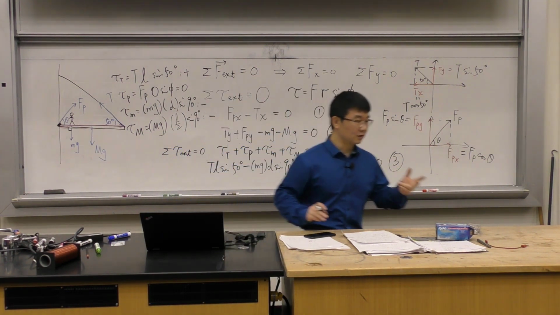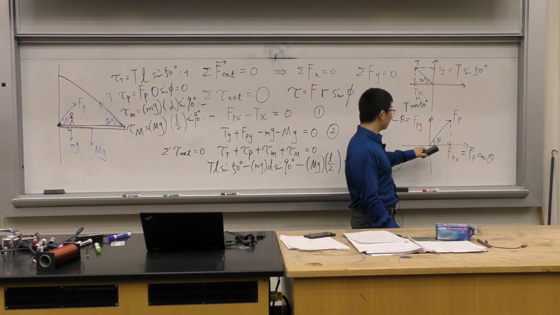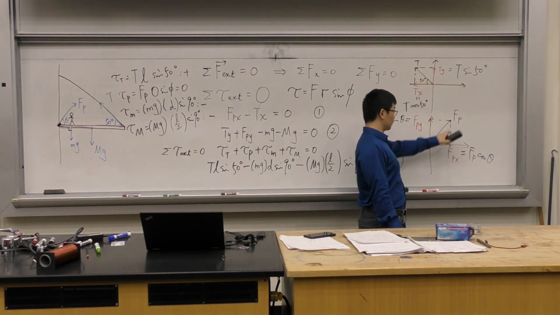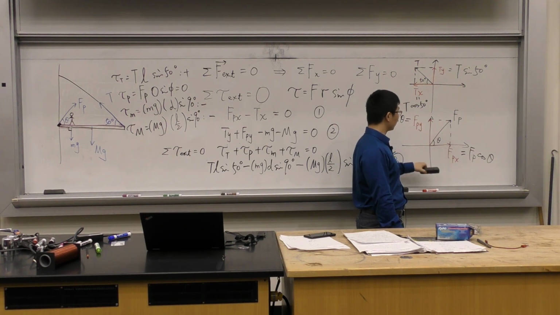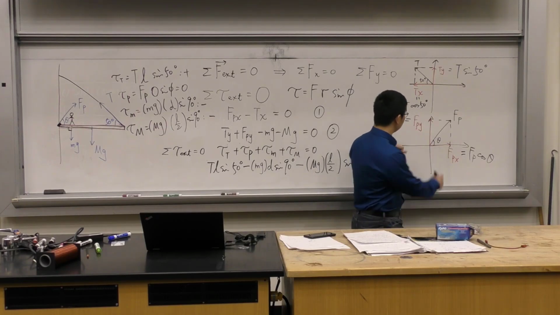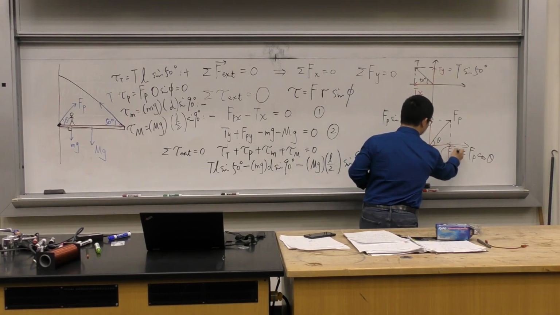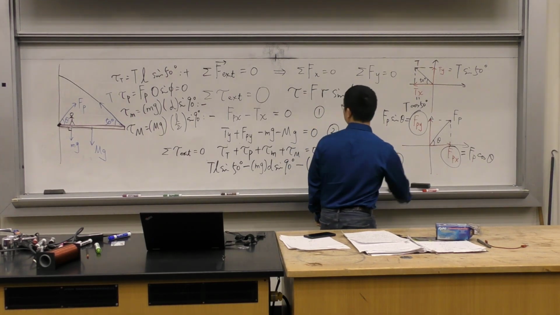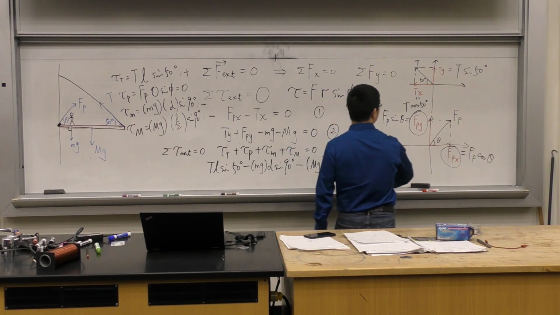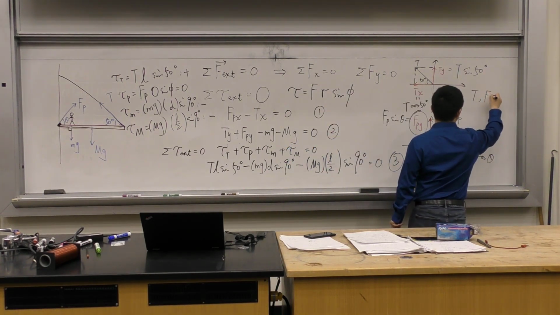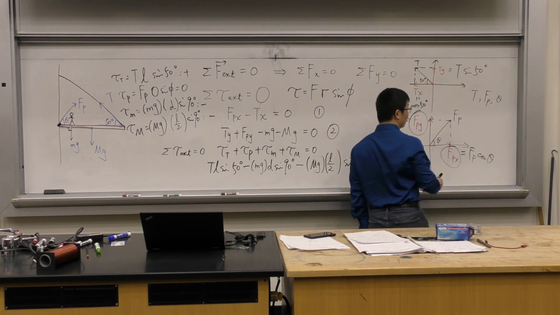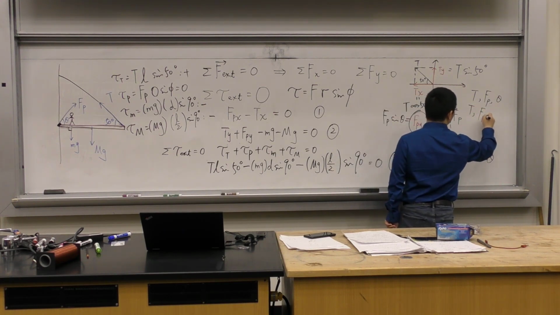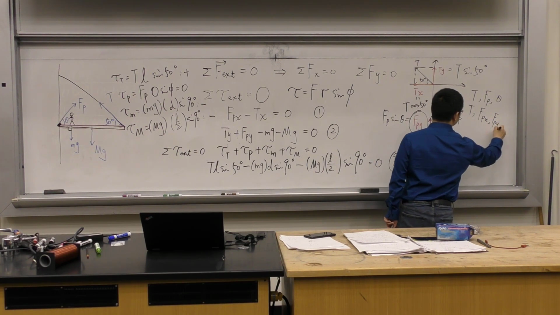But what we usually do is this. We don't know the theta angle, so instead of writing the x and y components in terms of Fp sine and cosine theta, we just keep these two components as unknowns. So instead of solving for Fp, T, and theta, I'm solving for T, Fpx, Fpy.